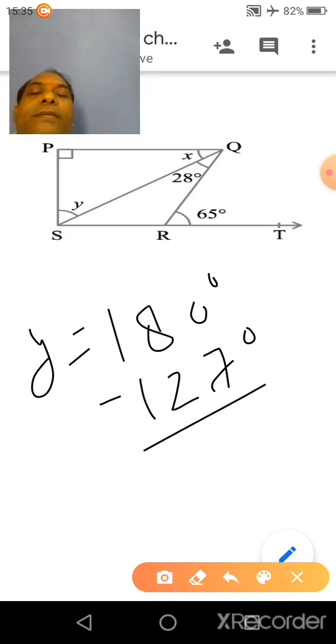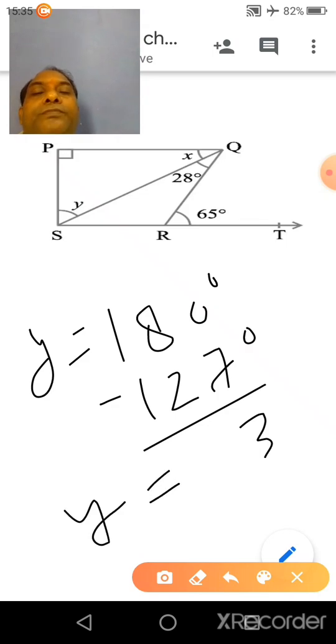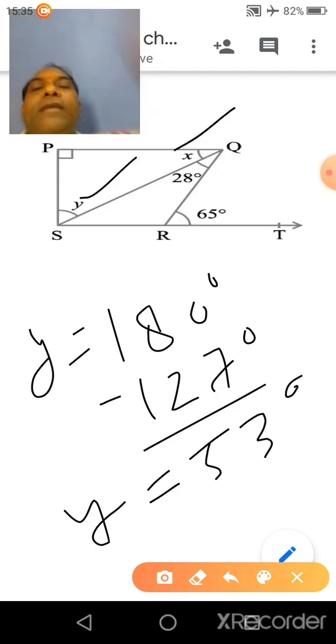So y will be equal to 53 degree. Clear? So x will be 37 degree and y will be 53 degree.